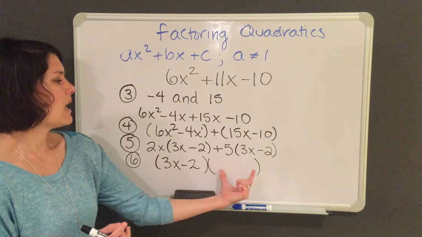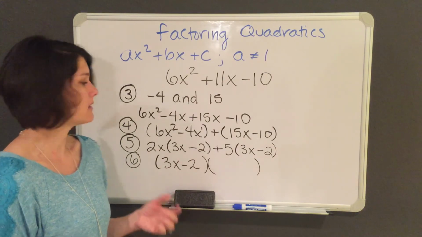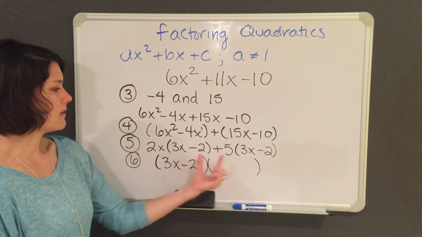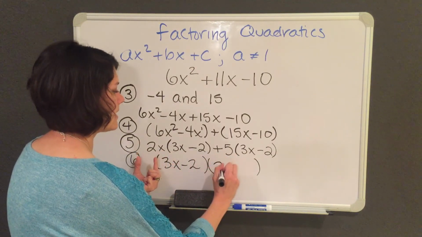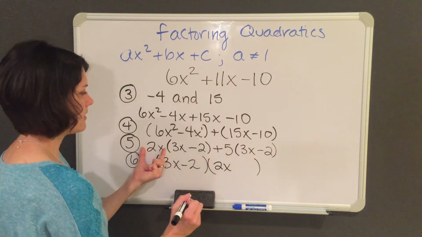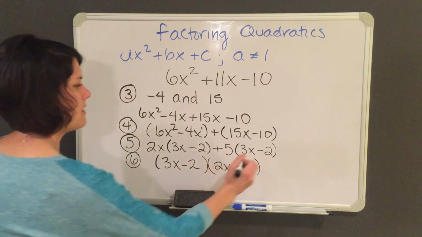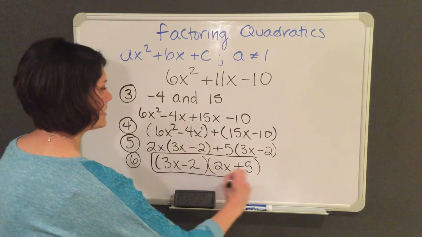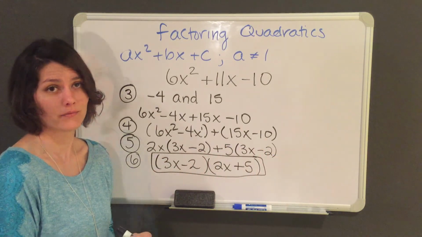Okay. In my second set of parentheses, I'm going to write what was outside of the parentheses. So I have a 2x and a plus 5. So in the second set, I'm going to write the 2x and then the plus 5. And once you have that complete, you have finished factoring your problem by grouping.